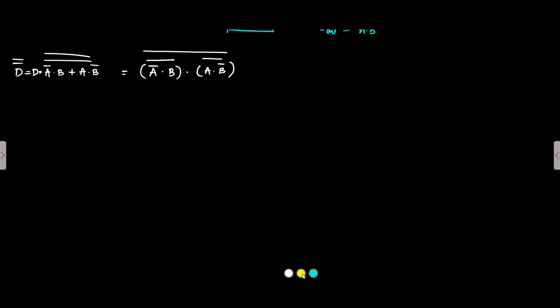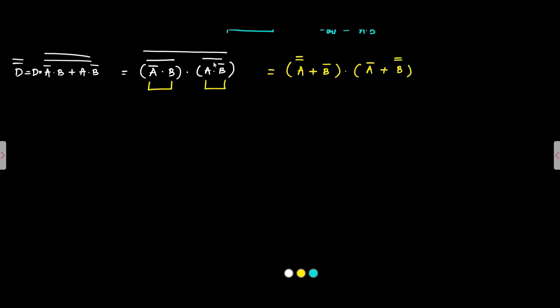Then for these individual whole complements, we'll apply De Morgan's theorem separately, which is A double bar or B complement and A complement or B double bar.